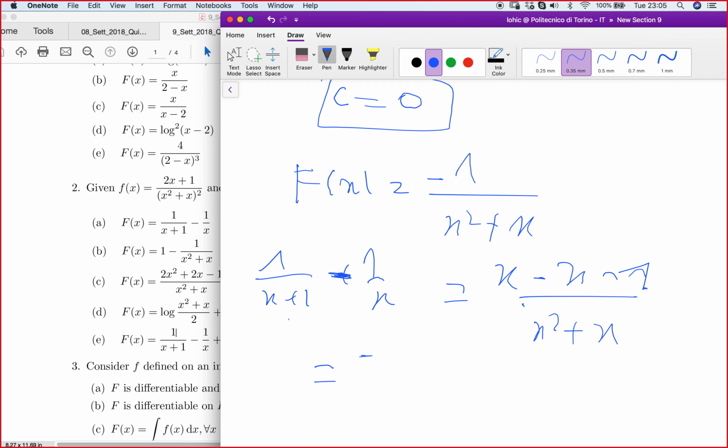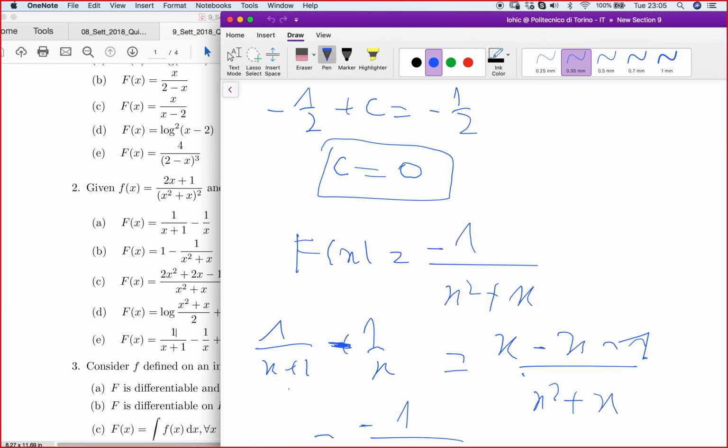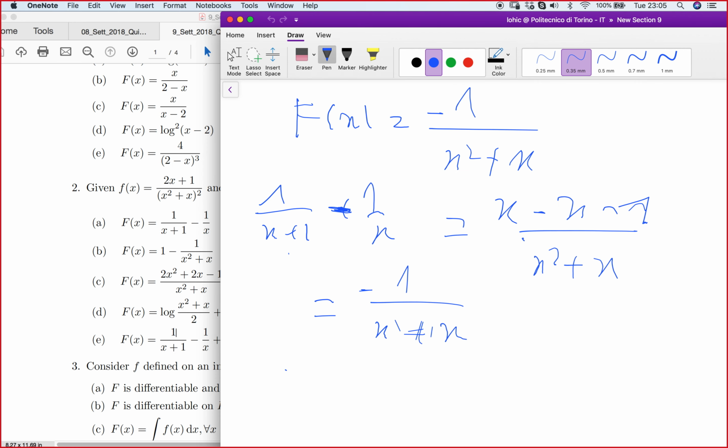That gives us exactly minus 1 over x squared plus x, yes or no? So we get exactly what we were expecting to get. So the answer is A, right? So it's 2A.